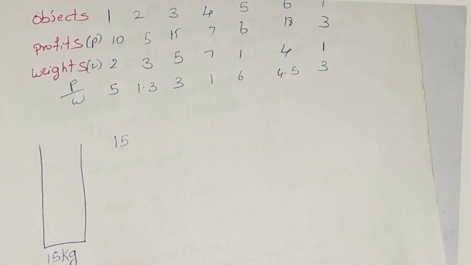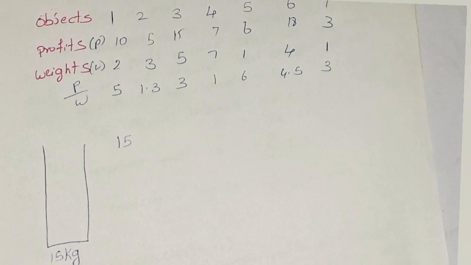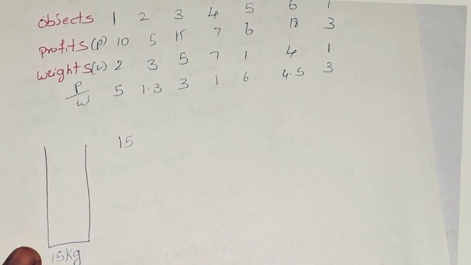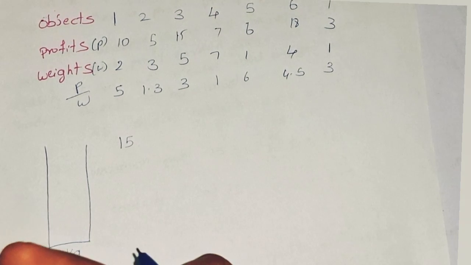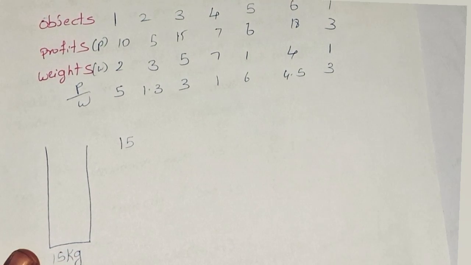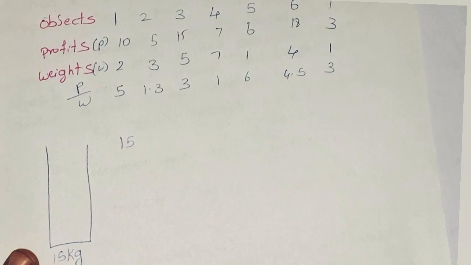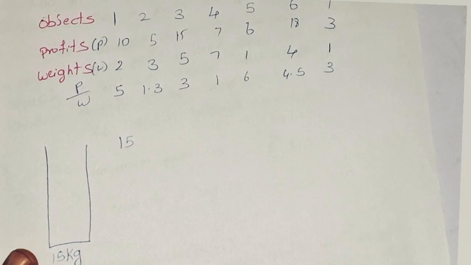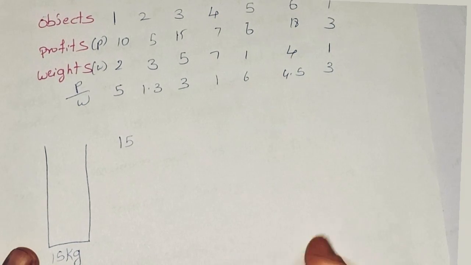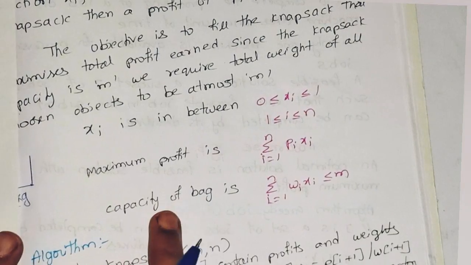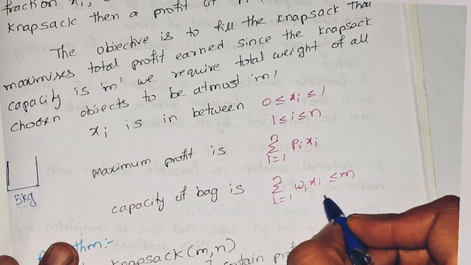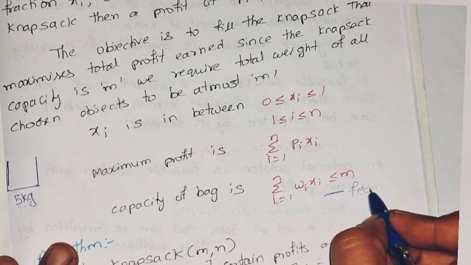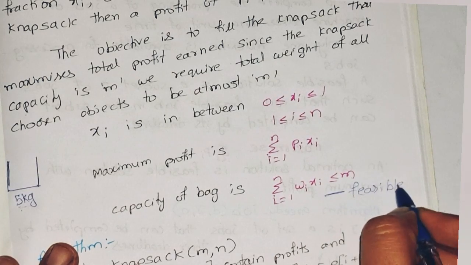So now we need to add the items to the bag. We need to maximize the profit, and if we maximize the profit, we will find the optimal solution for this particular problem. It must also satisfy the capacity of the bag, so the capacity of the bag is a feasible condition that every input must satisfy.